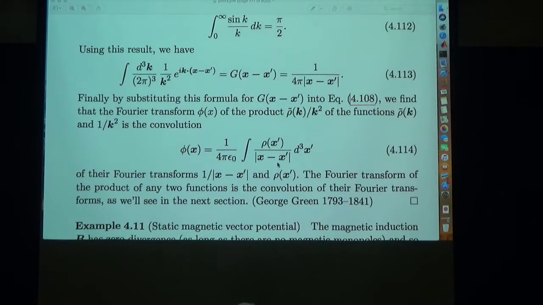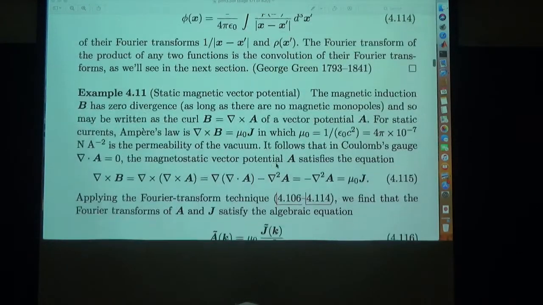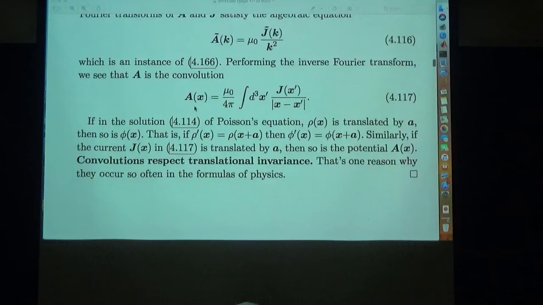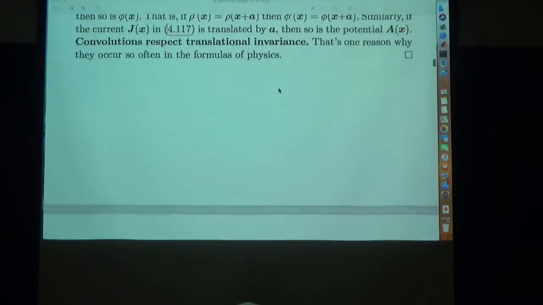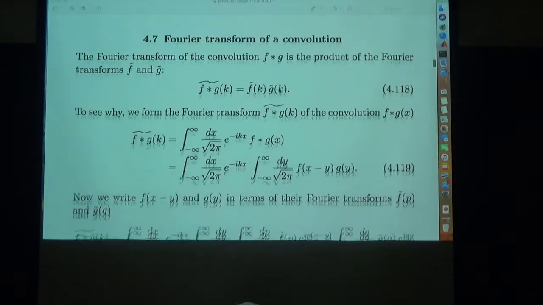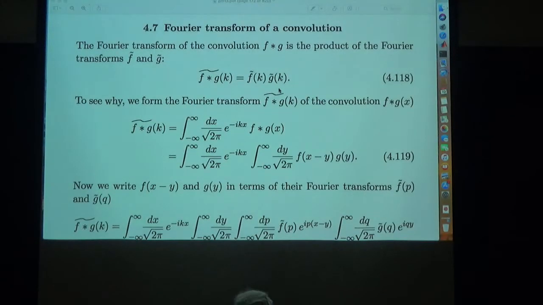This is a particular Green's function. And the magnetostatic potential from a current, this is static magnetostatics, is again a convolution integral, and you must have seen things like this as an undergraduate. So much for convolutions.